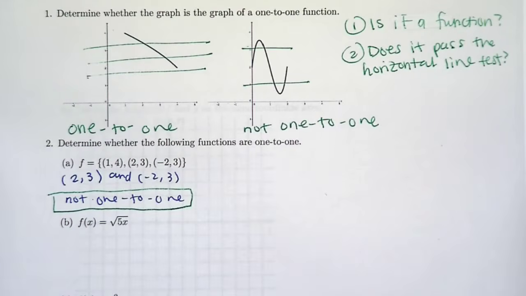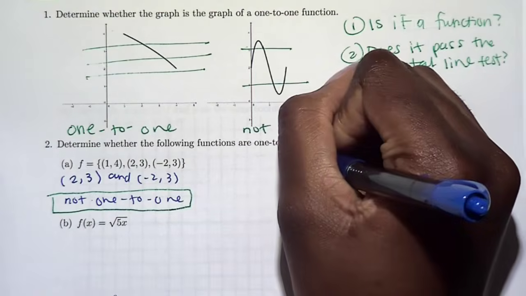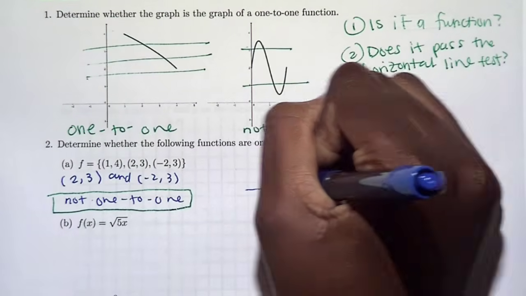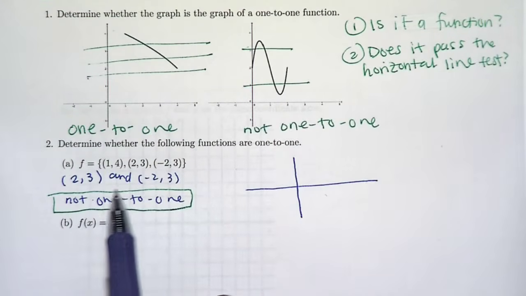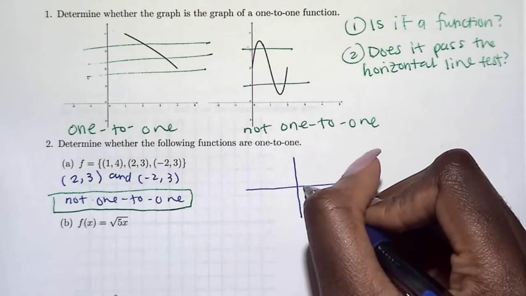But what if you didn't remember that rule? You can always just plot these on a graph and use the horizontal line test, right? I'm just going to sketch what these points would look like.